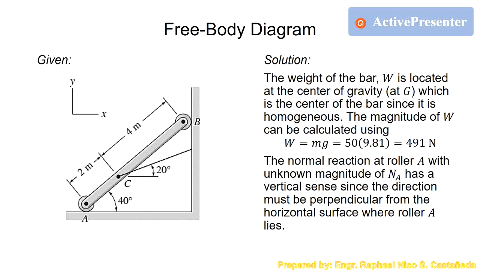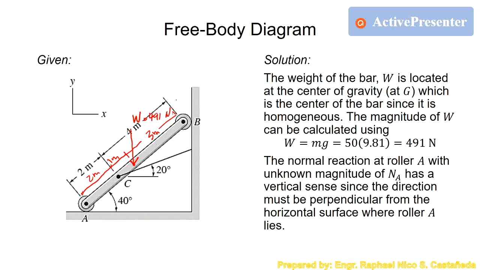We have a 6-meter bar, so the location is at the center, which is at 3 meters. So this is 1 meter, and this is 2 meters. This is where the weight acts, obviously downward, 491 newtons.